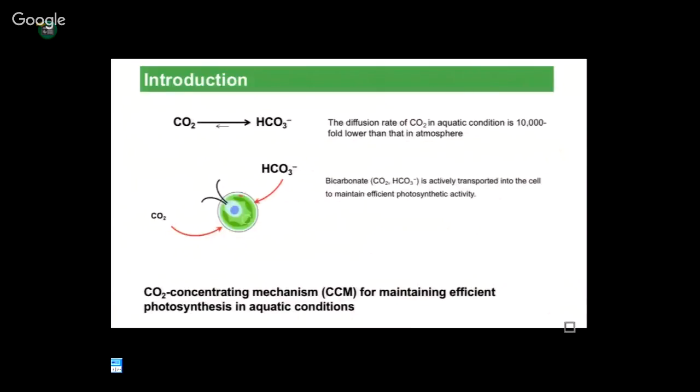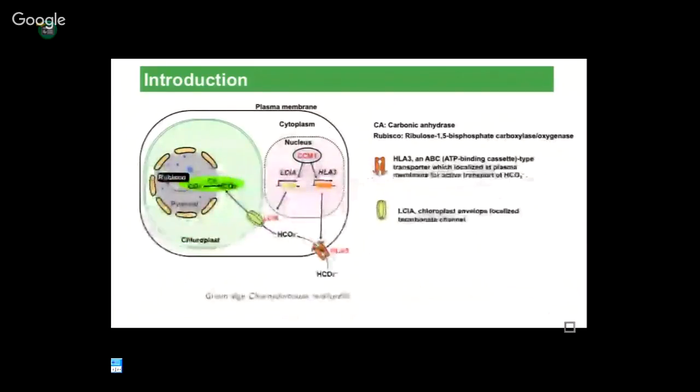CCM involves the active transport of inorganic carbon and enzymatic conversion between CO2 and bicarbonate to concentrate CO2. Molecular aspects of eukaryotic CCM have been mainly studied using the green alga Chlamydomonas as a model.